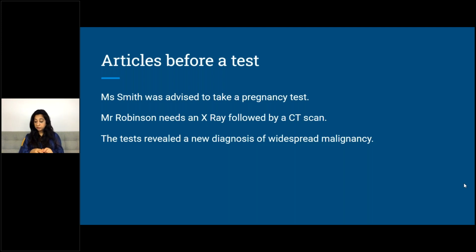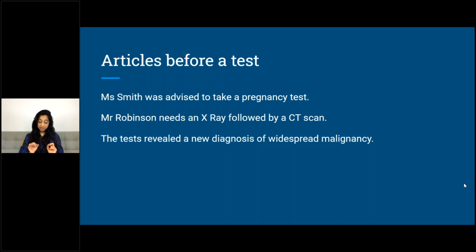Or if we're talking about Mr. Robinson having his test, the first time I wrote, Mr. Johnson needed an X-ray followed by a CT scan. So I'm using a there. But when I talk about Mr. Johnson's test again, then I would write, the test revealed a new diagnosis of widespread malignancy.